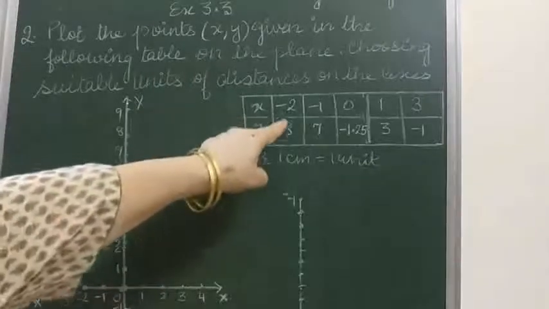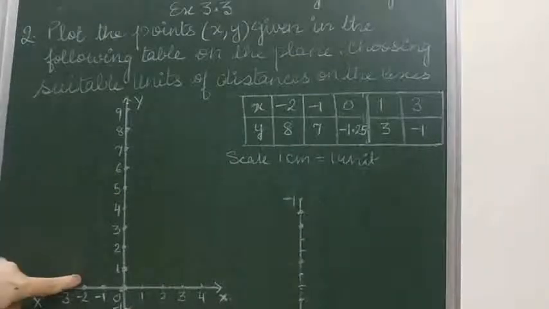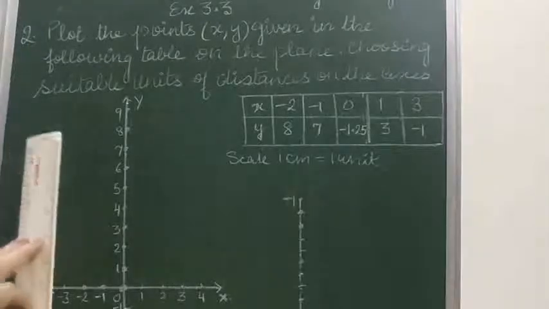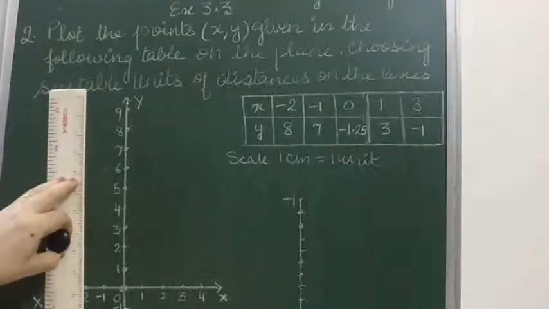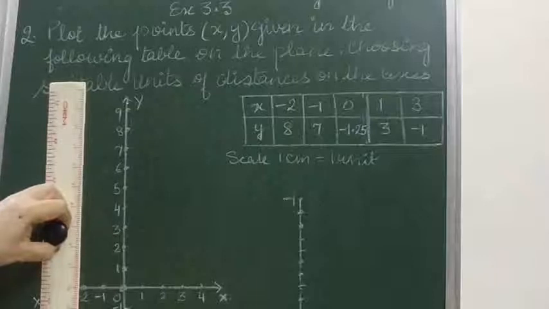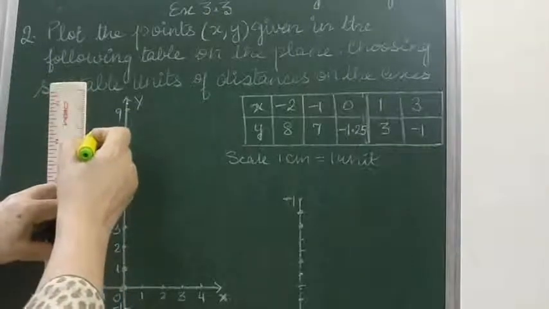x is -2 and y is 8. So x is -2 here and y is 8. You will be having the graph paper with you, so it will be easy for you to just plot the point. I am going to do it with the ruler. Up till 8 I will draw a dotted line.